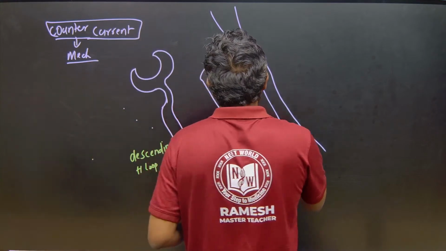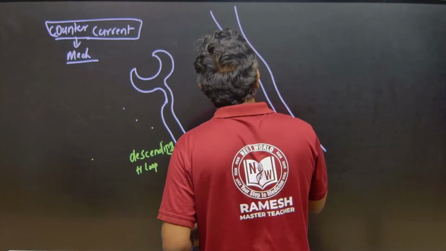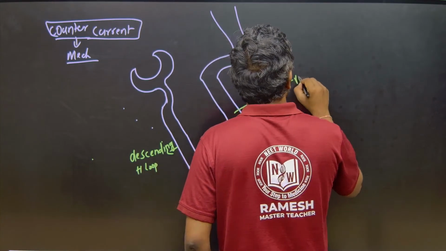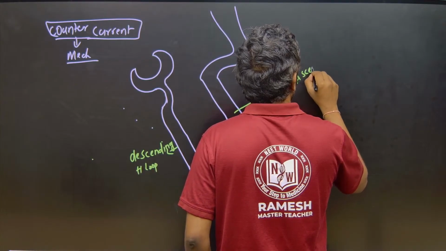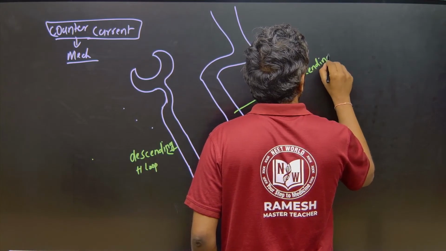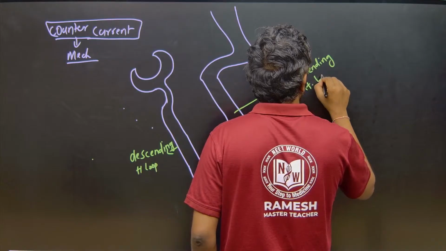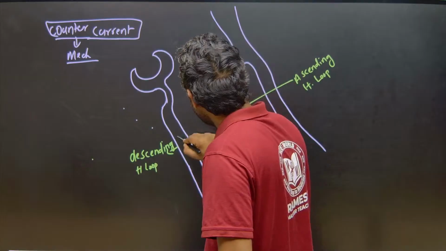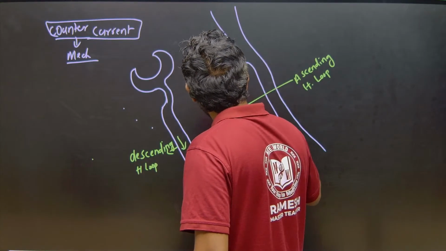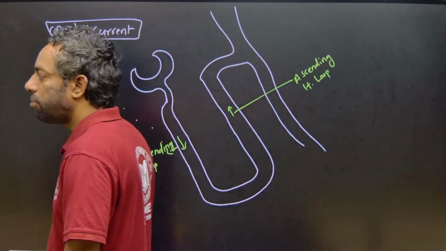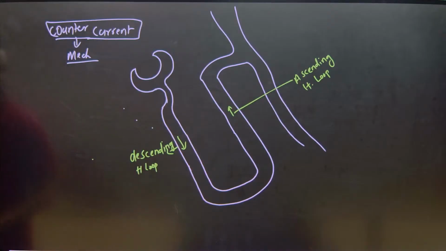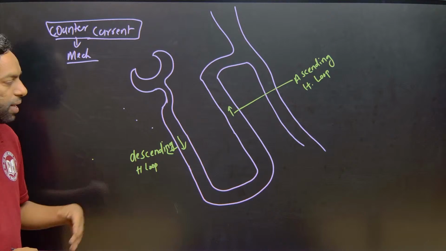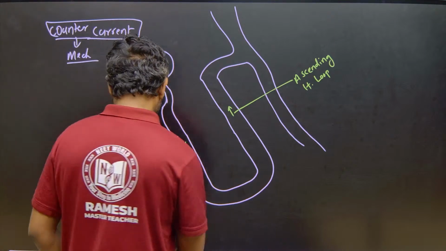This is the ascending Henle limb. Guys, this is the direction downward, this is the direction upward. There is a counter current between them, right? Of course, ascending and descending have a counter current between them. There is another counter current as well.